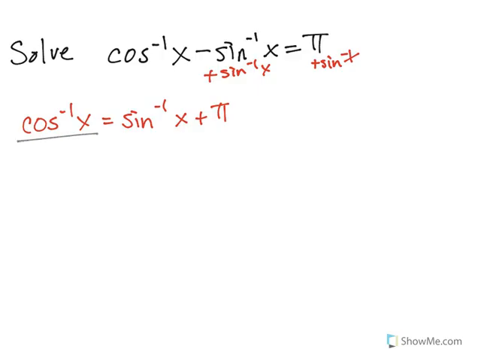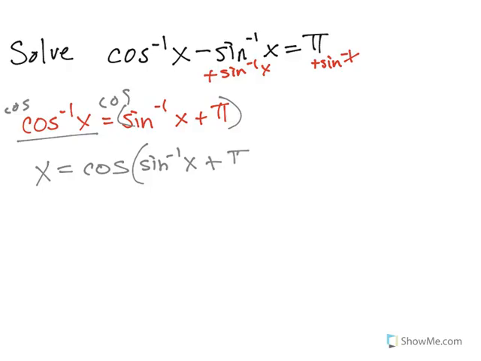On our left side, we want to get x by itself. So x equals the cosine, because remember, you take the cosine of both sides: the cosine of the inverse sine of x plus pi. Now I have the cosine of a sum.